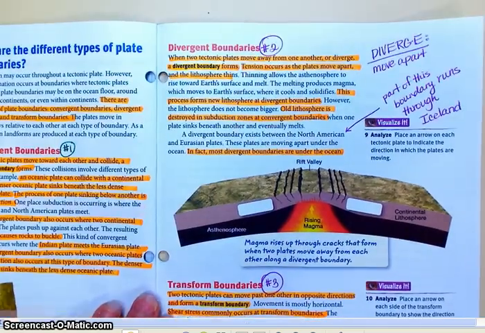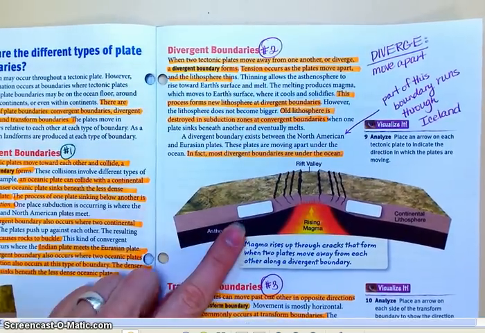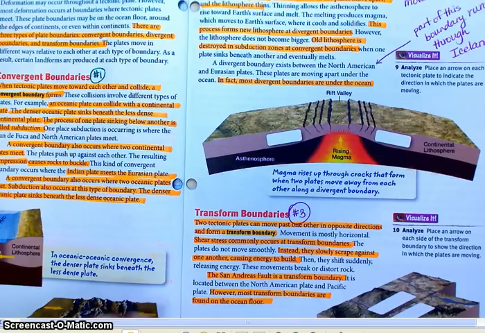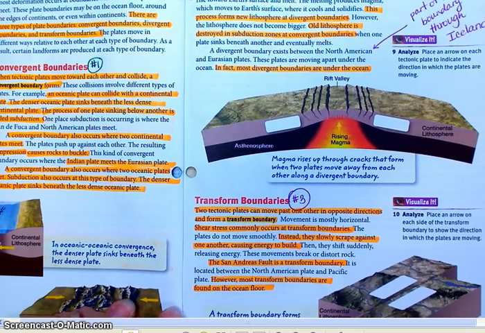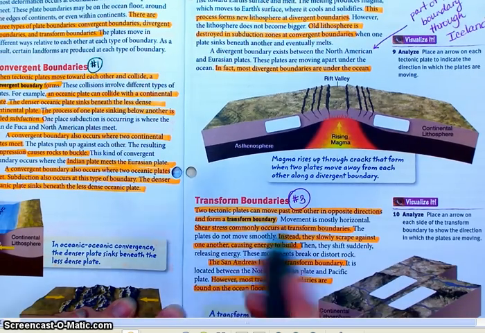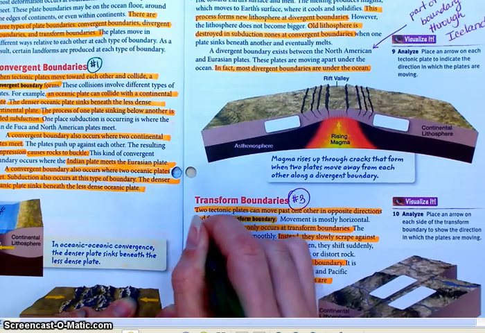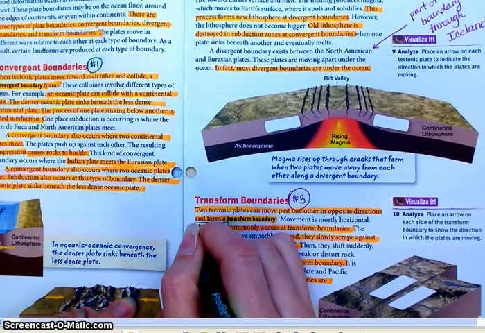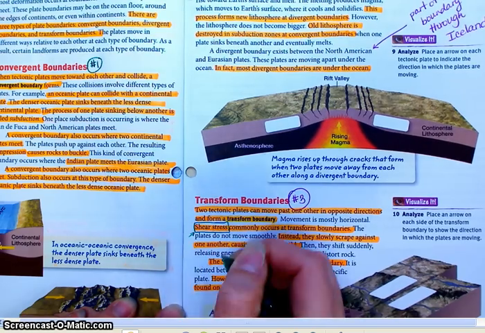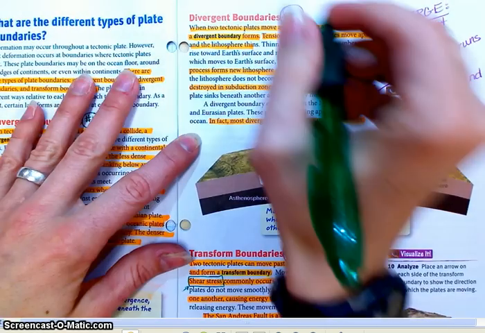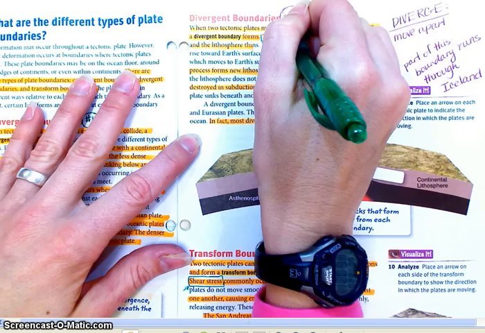All right. So one thing I want to do with all 3 of these is go back and see where it talks about the type of stress that's associated with each boundary. At a transform boundary, we have shear stress. Okay. At a divergent boundary, we have tension.